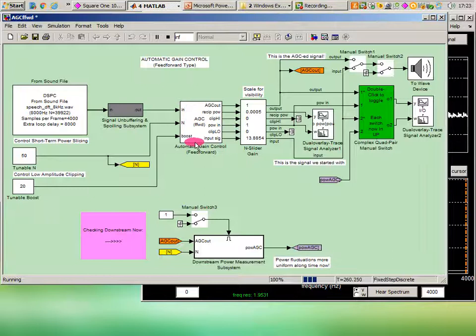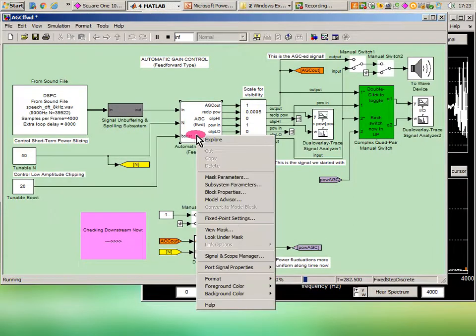This block has two external parameters coming in. One is N. It's to do with the power measurement, which is one of the important concepts of what we're doing here. And the other is boost, which is involved in the clipping, which is one of the other important activities that we're going to do inside this box.